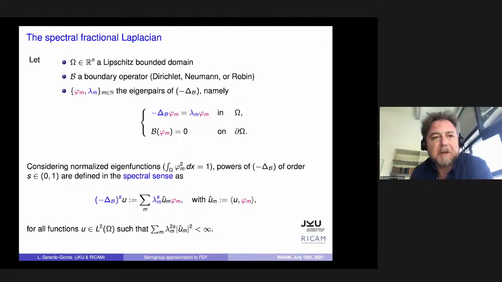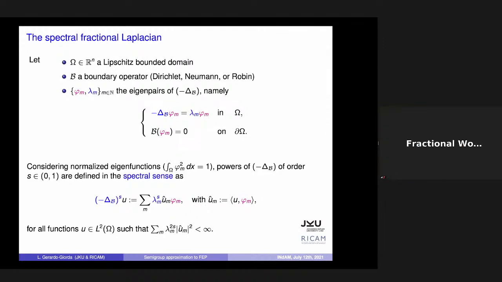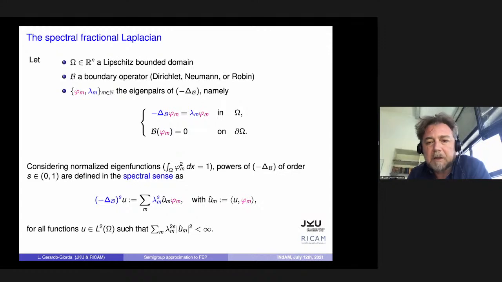So the spectral fractional Laplacian, as has probably already been discussed and will surely be discussed again by Abner later, is defined on a Lipschitz bounded domain by considering the eigenpairs of the classical Laplace operator associated with boundary conditions B. If we consider normalized eigenfunctions, then the powers of the spectral Laplacian with boundary condition B of order s are defined through a sum where every term of the spectral decomposition with respect to the eigenpair is multiplied by the s power of the associated eigenvalue.